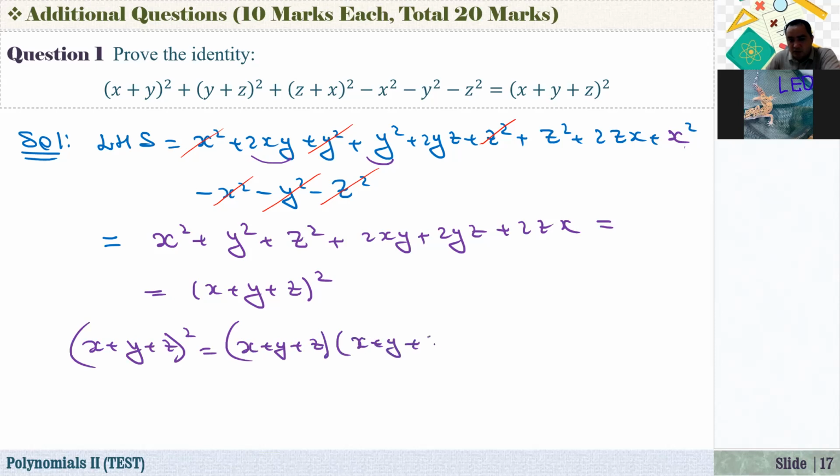X times x, x squared, x times y, xy, and y times x, xy, we have 2. X times z, zx, we have 2, right? And also y times y, y squared, z times z, z squared, and the combination, so we will get that thing. So that's equal to (x plus y plus z) squared, which is equal to right hand side. Hence, this identity is proved.